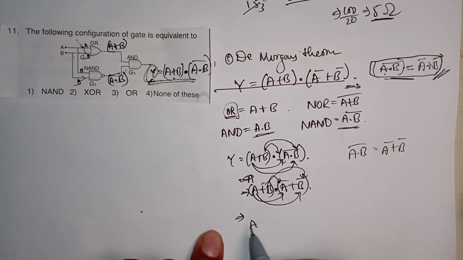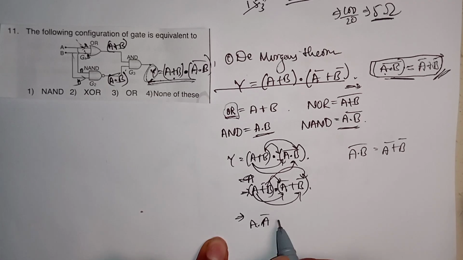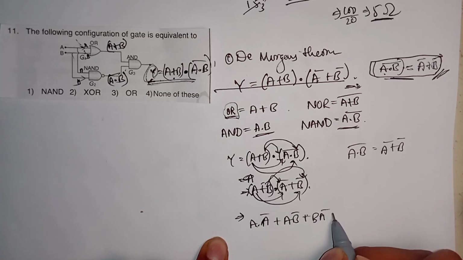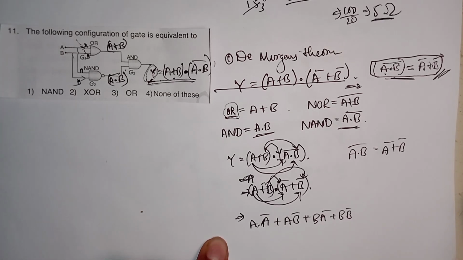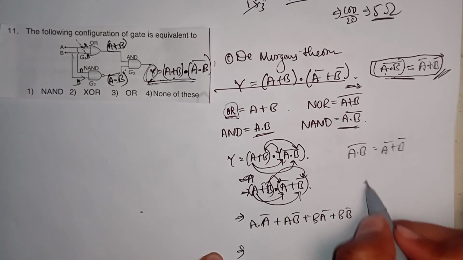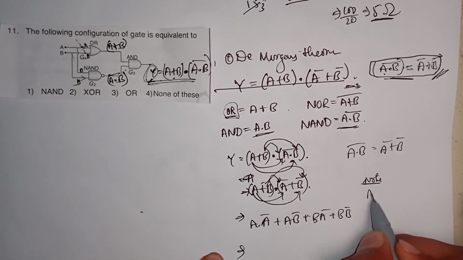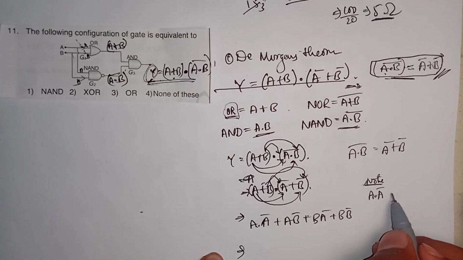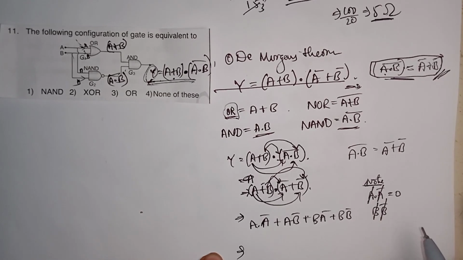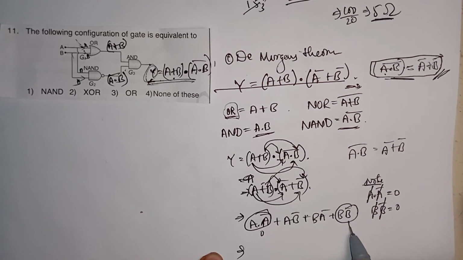Then A dot A bar plus A B bar plus B A bar plus B B bar. Again, a note point from the basics: the same variable with one inverse and one actual will cancel. A with A bar cancels, and B with B bar cancels, so for these expressions it will be 0.